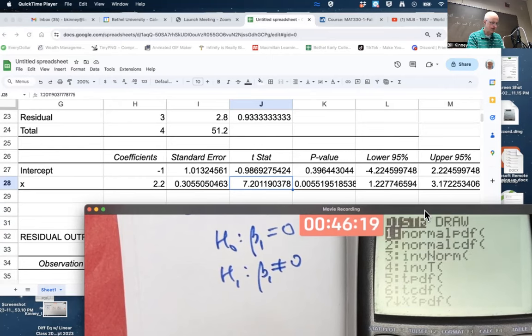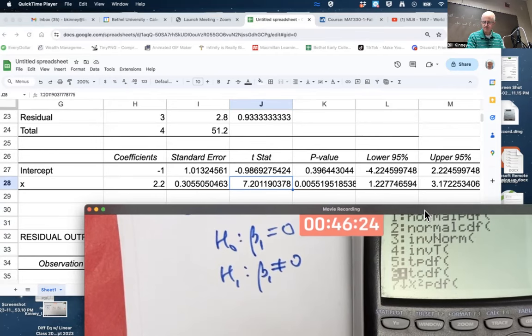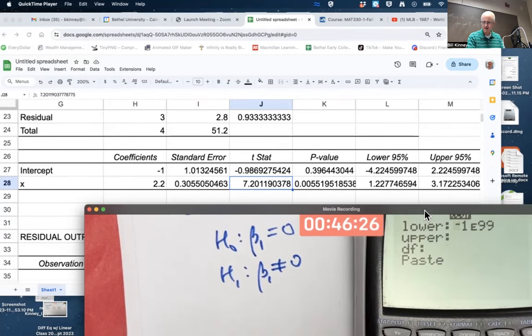No, don't use inv. Use distribution, use TCDF. TCDF, go up to 7.2, 3 degrees of freedom. When I paste this in, the area should be close to 0.995, right? If the area to the right is going to be 0.005.